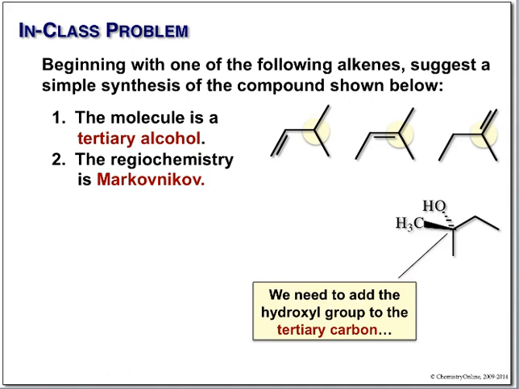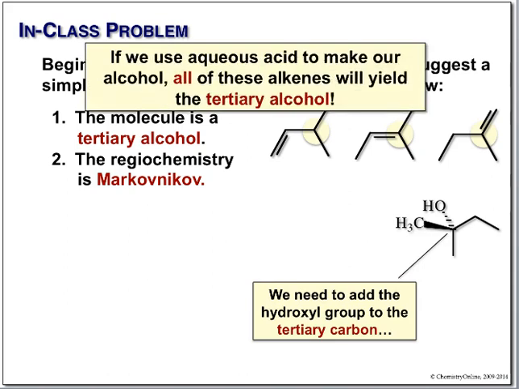We need to do acid catalyzed addition of water and put a hydroxyl group here, here, or here. Which ones would work? 2 and 3. Because this is a stepwise reaction and we can get rearrangement. All of them work, don't they?